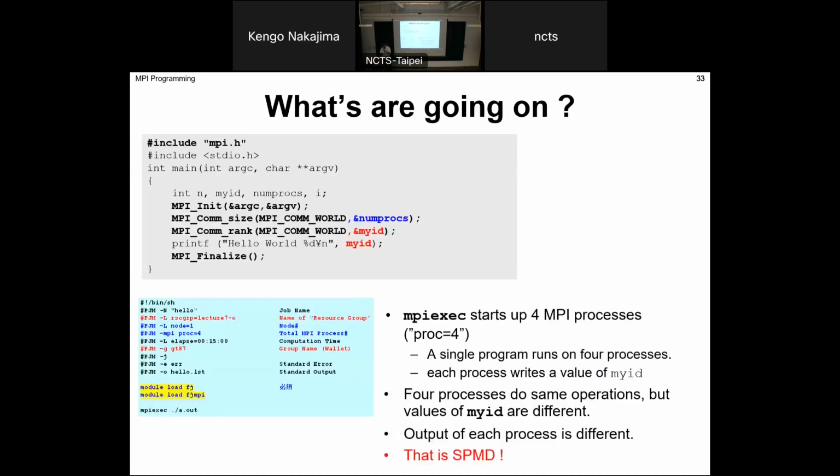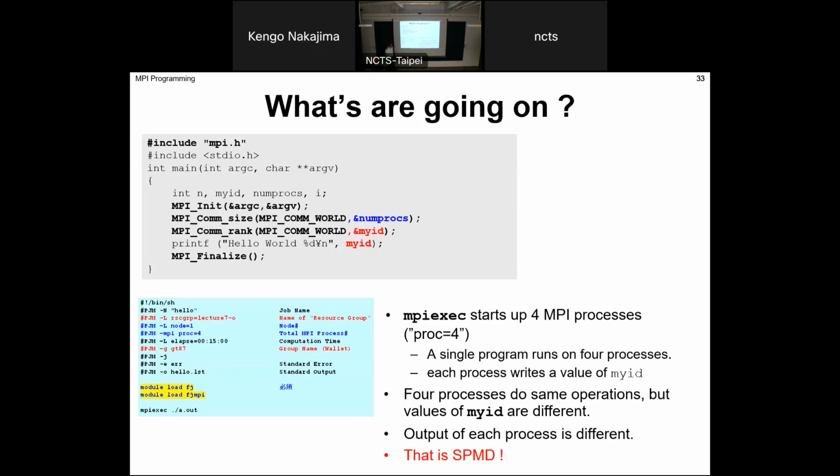Okay, so let's see what's going on in this hello.c. You can find mpiexec in the shell script, and we have a single node and 4 MPI processes. mpiexec starts up 4 MPI processes because proc equals 4.